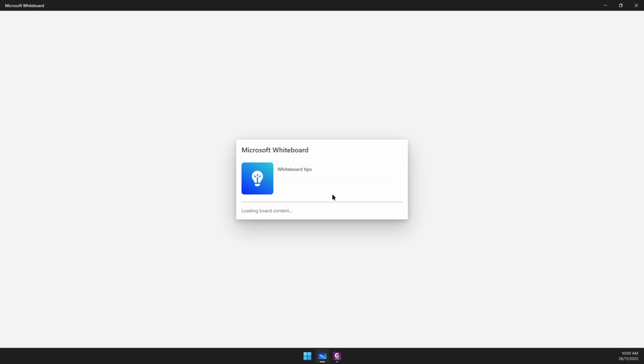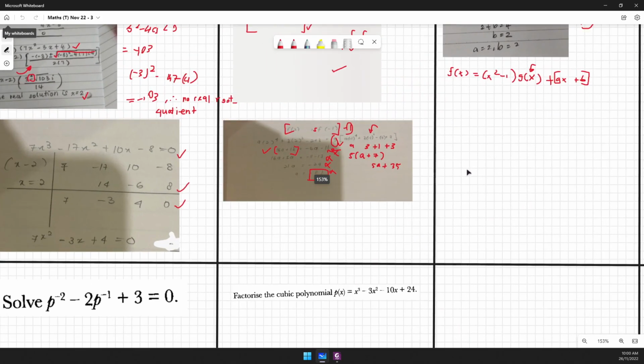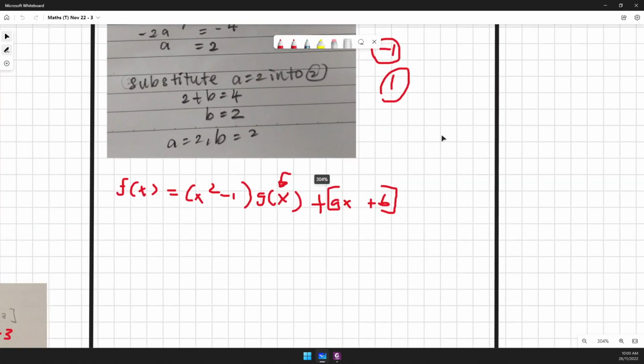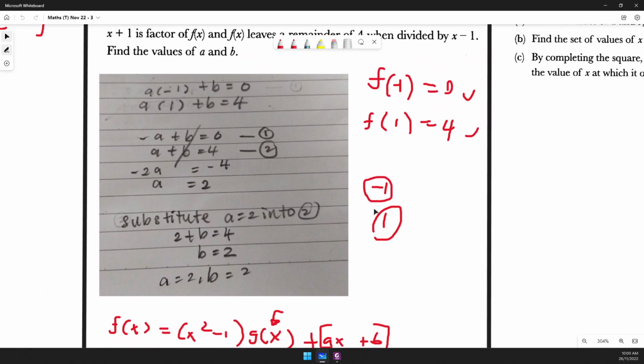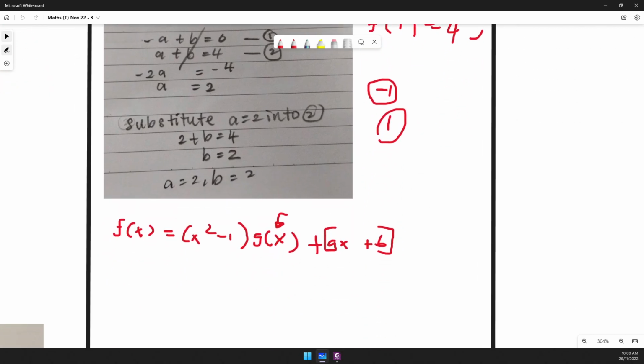I already mentioned here, when the expression is divided, the remainder is ax plus b, so you have to mention this also.